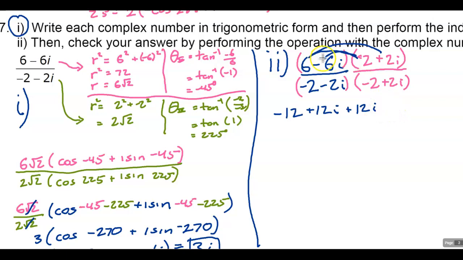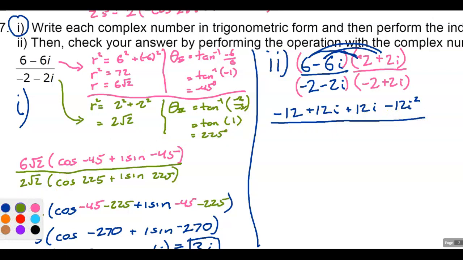And then we get -6i times positive 2i, so it's -12i squared. Okay. All over, same thing on the bottom. So remember, these are conjugates, so there's not going to be any middle terms, so I really just need to do -2 times -2. Positive 4, and then -2i times positive 2i, which is -4i squared.